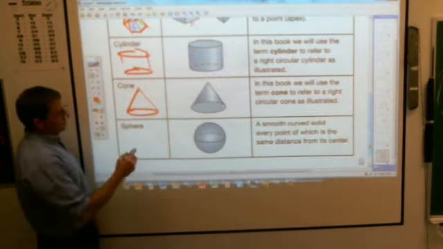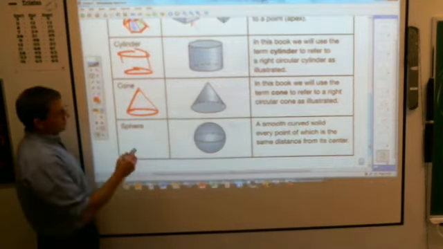What is a face? Face we call basically the sides. How many faces does this shape have? A regular cube has how many faces? 6. This has 6 faces.